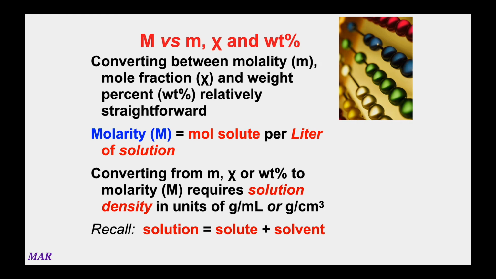And if you want to go from mass in grams to volume, you need a density. So you're going to need the solution density to convert molarity to one of the other three types of units. Same thing if you want to go from one of the other three types of units to molarity, you're going to need solution density. Now remember that solution density equals solute plus solvent, and all of these things will help us as we go through.